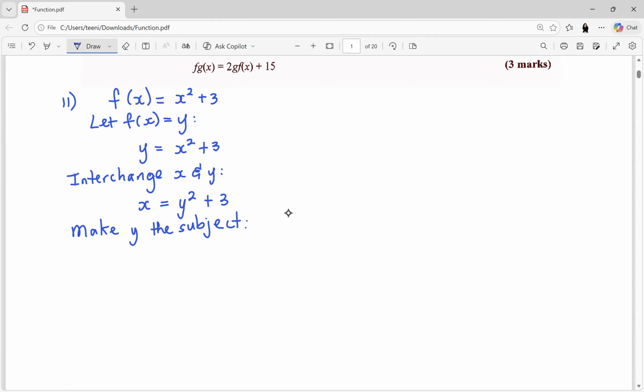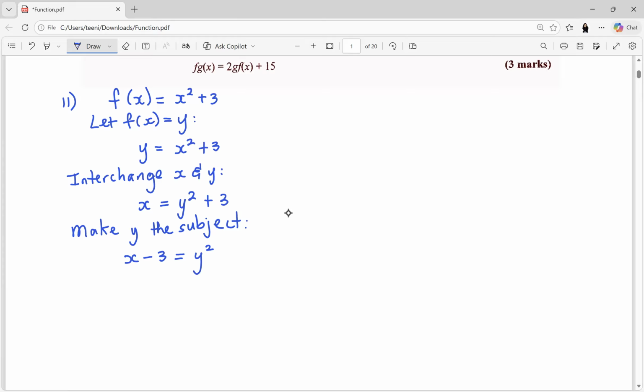Correct. So then the next line will be x minus 3 is equal to y squared. I moved plus 3 from the right-hand side to the left-hand side of the equation. And whenever you move a term from one side to the other side, you do the opposite of the operation. So it will be x minus 3 is equal to y squared.